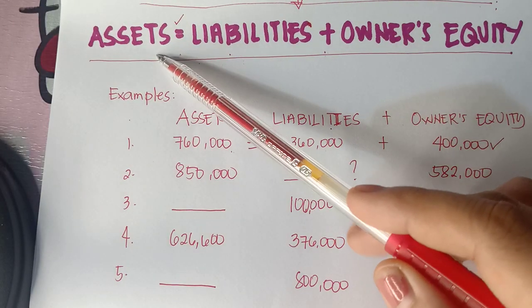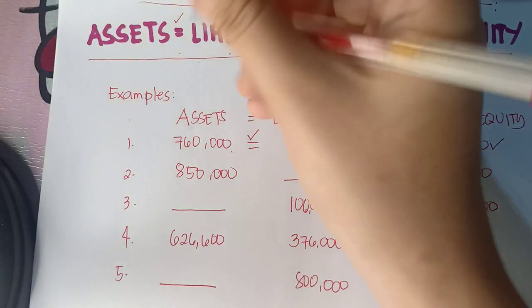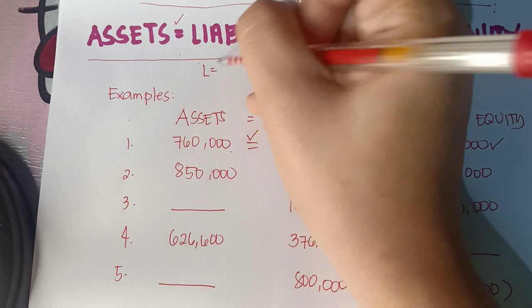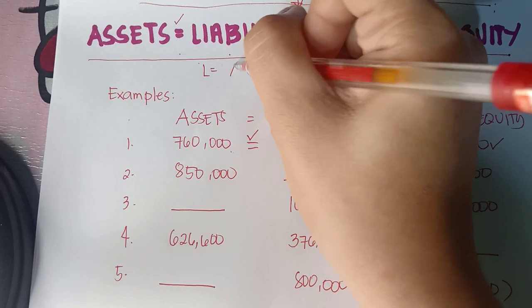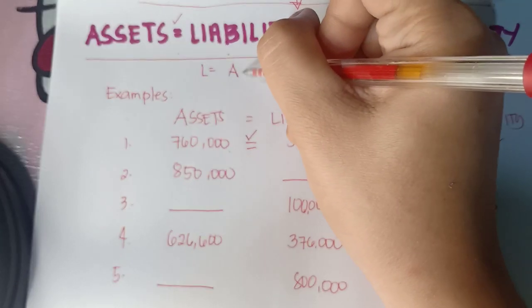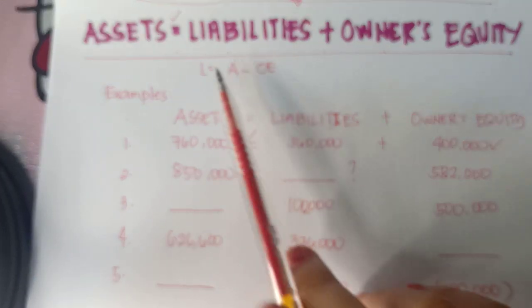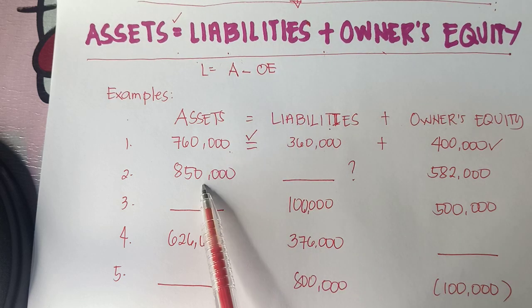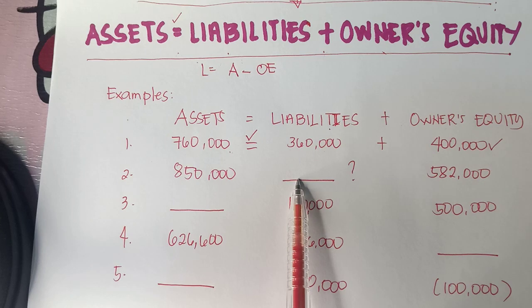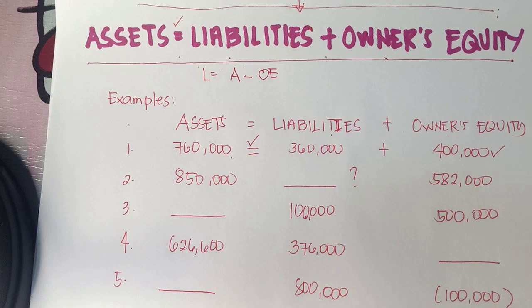Given assets and given owner's equity, we need to find liabilities. In order for us to find the liabilities, we can also use liabilities is equal to assets minus owner's equity. That is why in example number 2, in order to find the value of liabilities, we have to deduct the owner's equity from the assets.